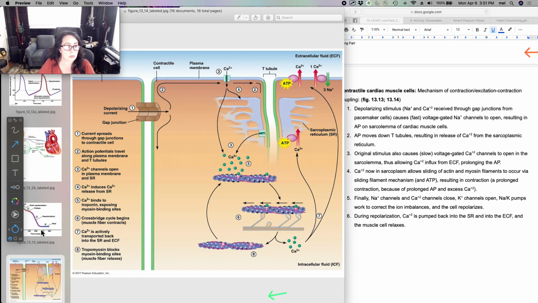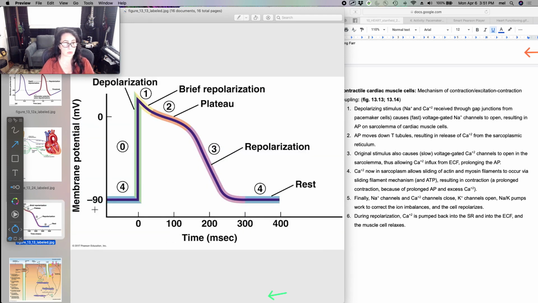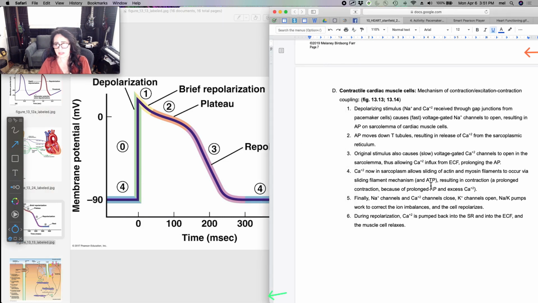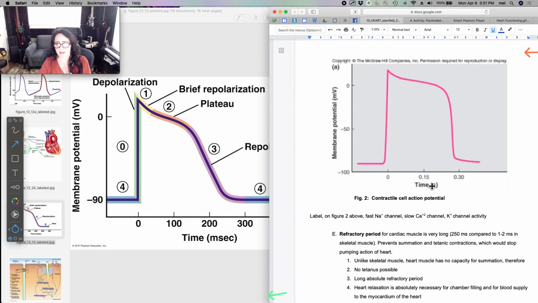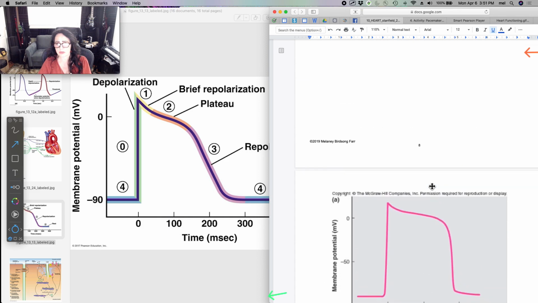So the graph of their action potential in a contractile cell looks very, very different than it does in other cells. So first I'll show it to you here, and then we'll look at it in more detail. These guys are generally sitting around at about minus 90 millivolts, the contractile cells, and then they get flooded with sodium and calcium, and they have a really quick depolarization. Okay, so let's talk about the ions that are involved with those.